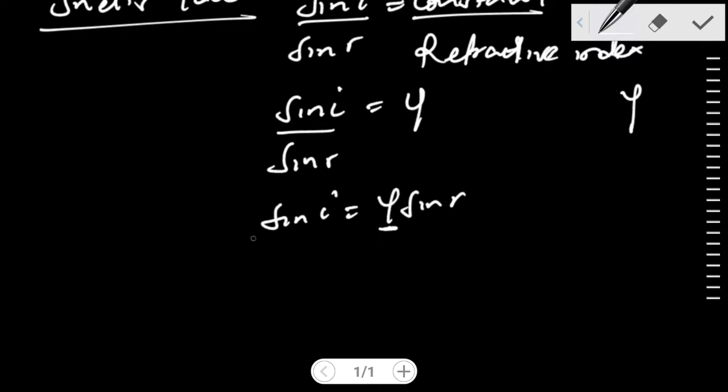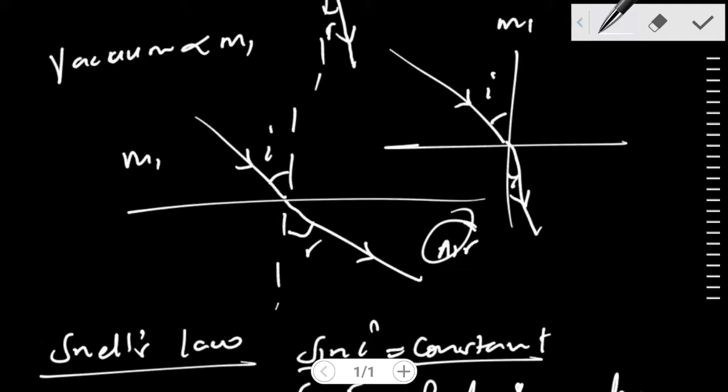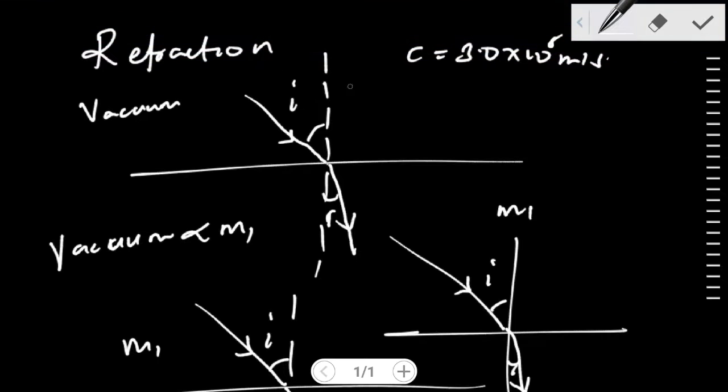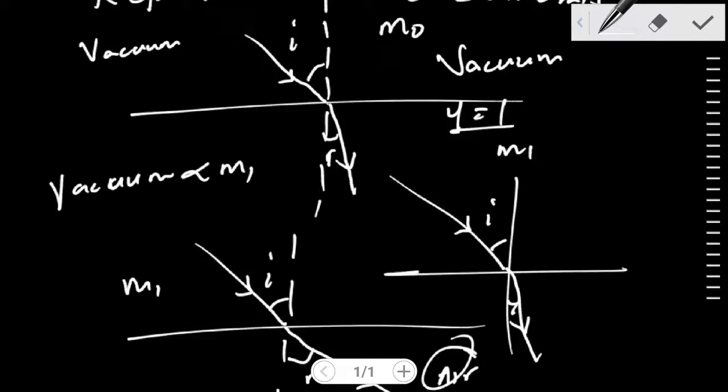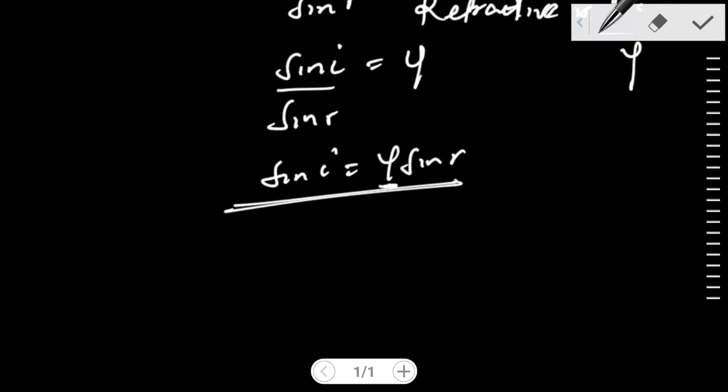This is true because the light is considered to be coming from a vacuum, and the refractive index of a vacuum is 1. Even if I put a 1 there, sine I still equals mu sine R. So let's try to apply this in calculations.